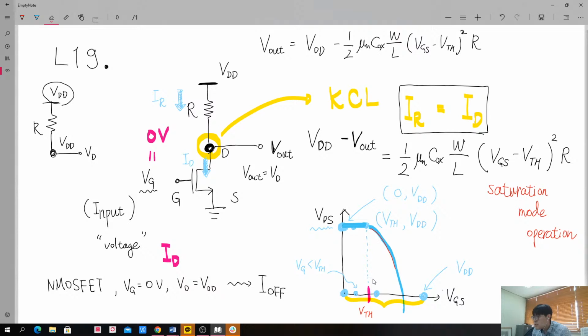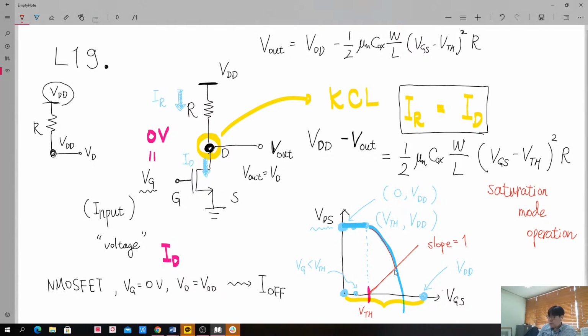However, let's think about another case. Starting from this VTH, let's draw a line whose slope is 1. So this is the slope equal to 1 line. Then let's think about the crossing point between this inverted parabolic curve and the straight line.